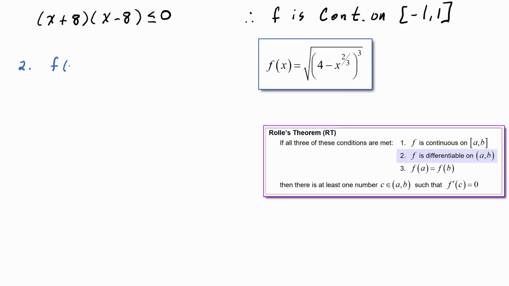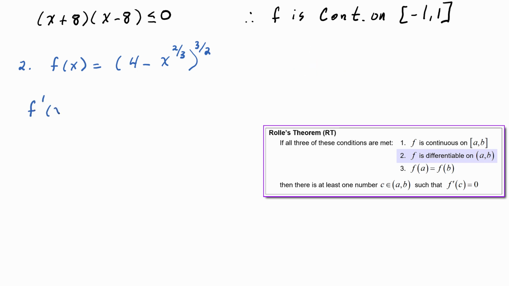We can rewrite f of x so that it's easier to take the derivative as the quantity 4 minus x to the 2/3 raised up to the 3/2 power. Now, when we find f prime of x, we know that's going to be 3/2 times the quantity 4 minus x to the 2/3. The exponent is going to be 3/2 minus 1, which is 3/2 minus 2/2, which is 1/2.